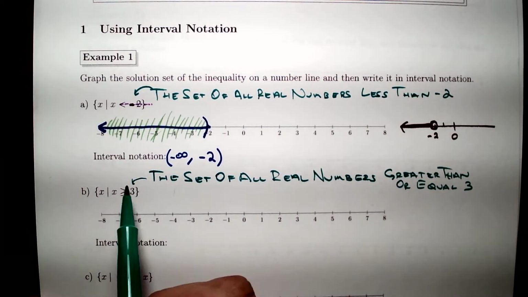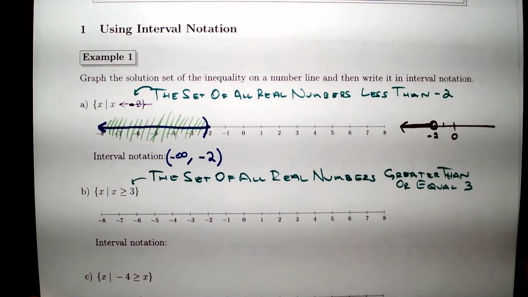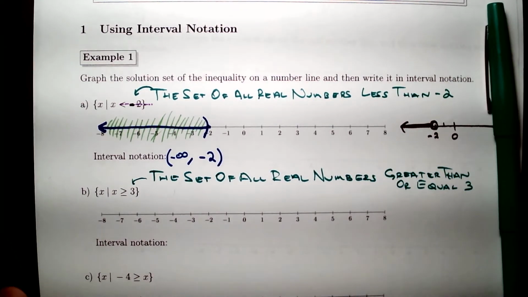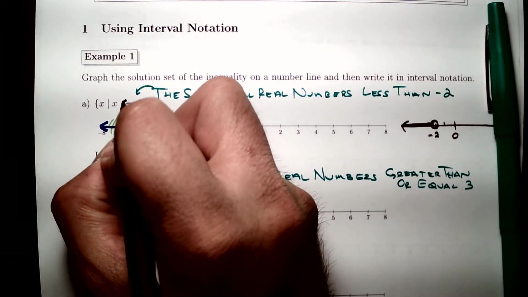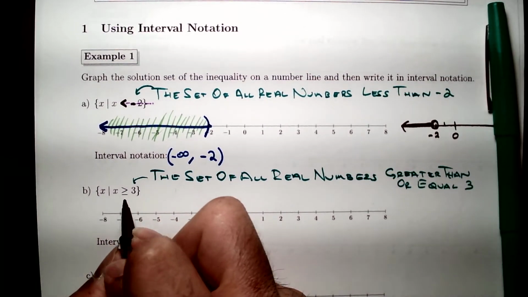Be careful. See the difference between these two examples, A and B? Example A only had the less than. This one has the greater than, but also has the equal.